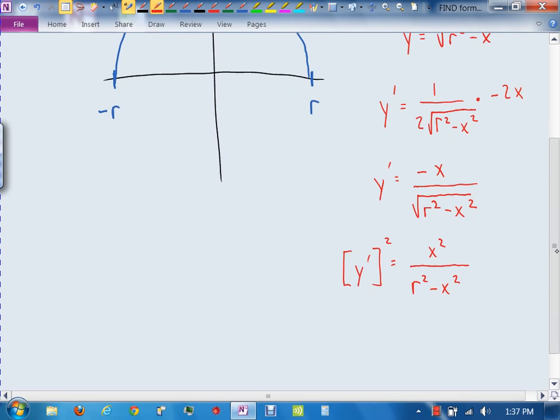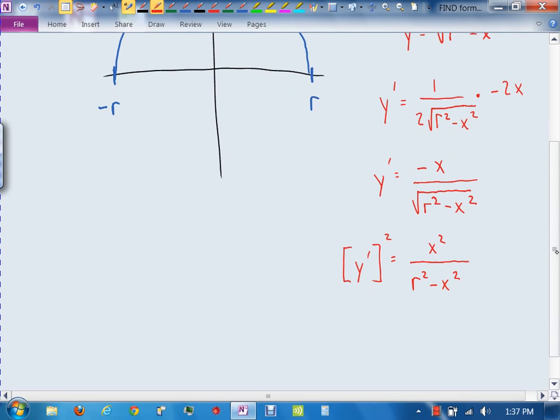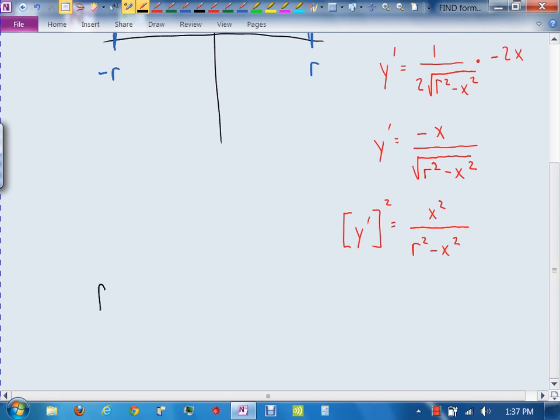So all of that is ready to go into my formula for the surface area. The formula for surface area is integral from a to b. What's a and b for us? Negative r to r. 2 pi times the function. What was the function?